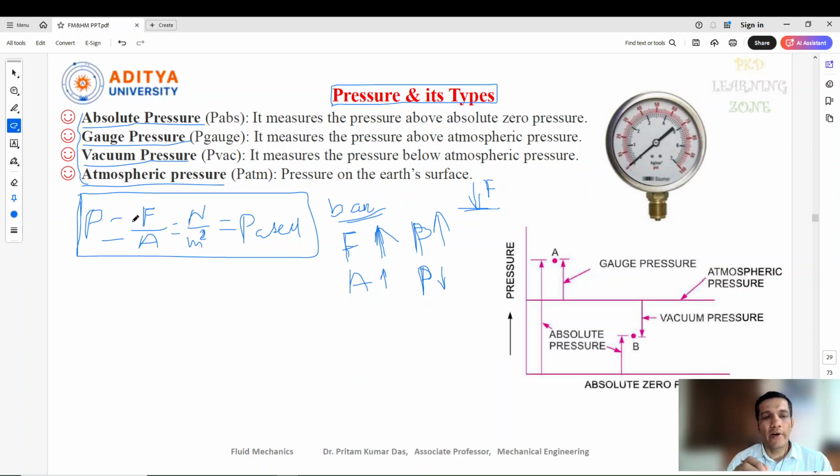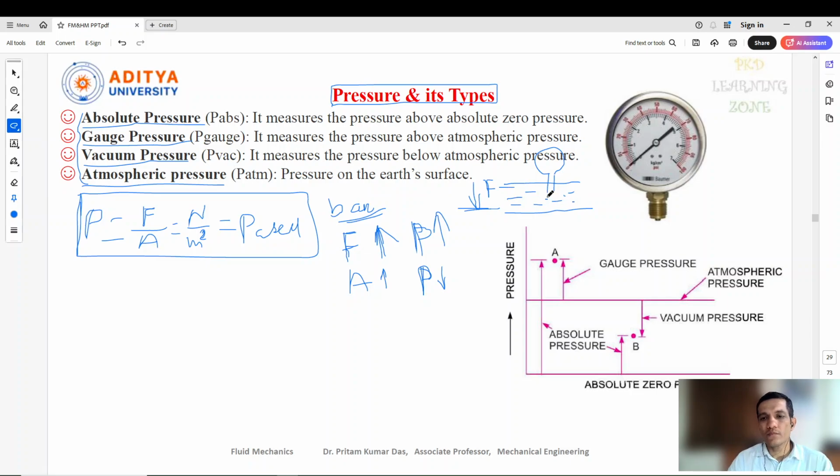Even in industry, basically in a power plant or hydropower plant, when liquid or fluid flows through a pipe, we can see a big pressure gauge mounted there that gives the value of the pressure of the flow inside this pipe.